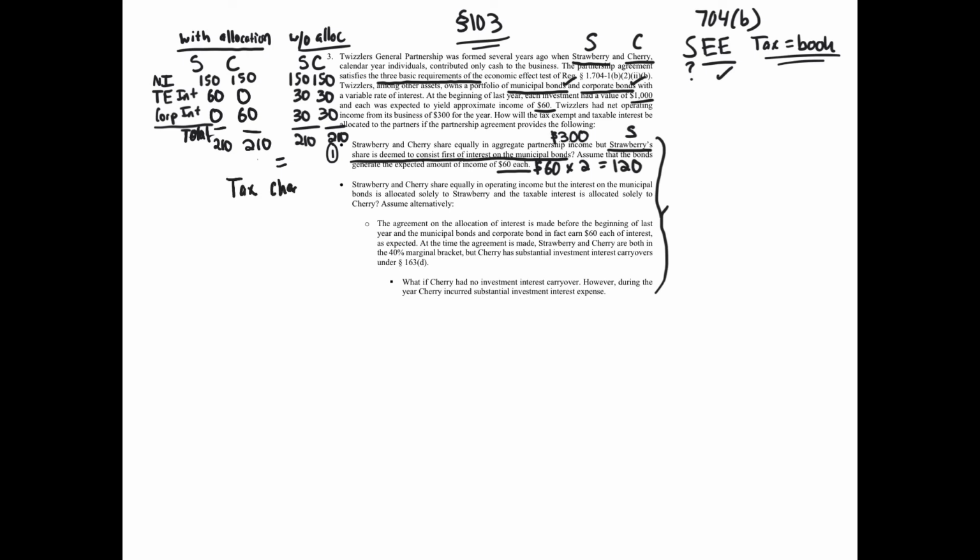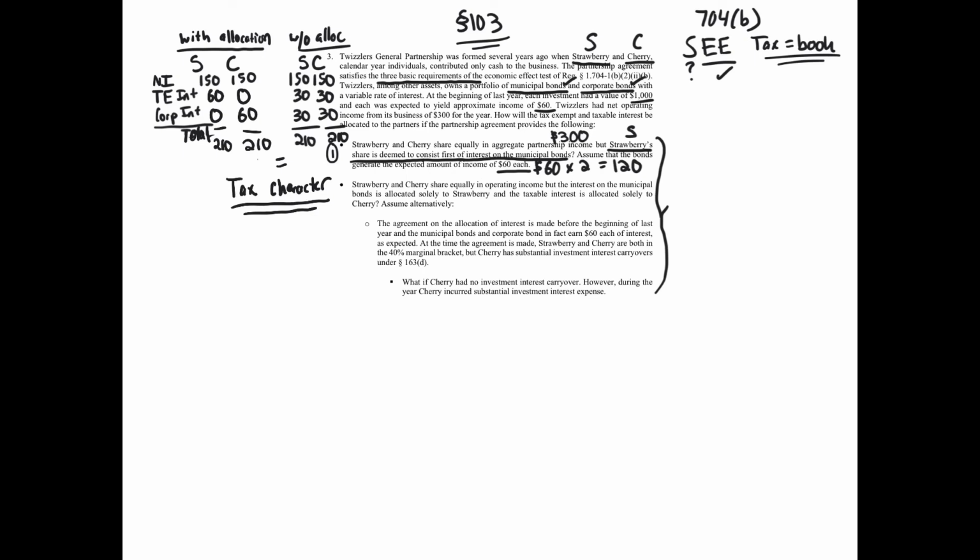So what I'm saying is compare. If you still don't understand, compare what would happen here with the tax. Let's say Strawberry is in a higher tax bracket. Let's say Strawberry has an effective tax rate of 30%, Cherry is at a 20% tax rate. I'm just using whole numbers. So without the allocation, again, everything is just split equally.